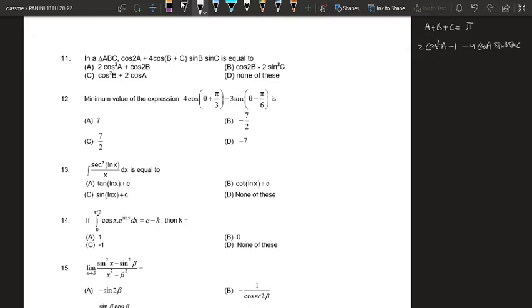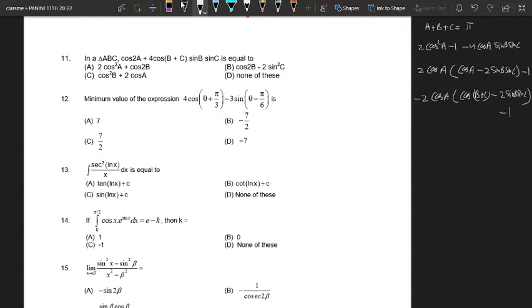Okay, if we take 2 cos a common, we get cos a minus 2 sin b sin c minus 1. Okay, we can again write cos a as pi minus b plus c. So if we take minus common, minus 2 cos a, this is cos b plus c minus 2 sin b sin c minus 1.